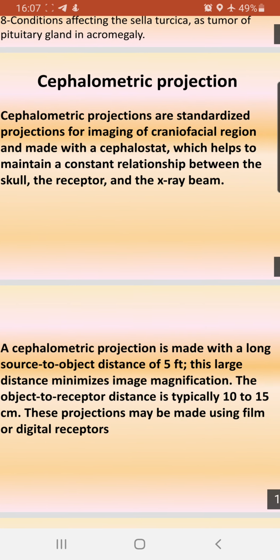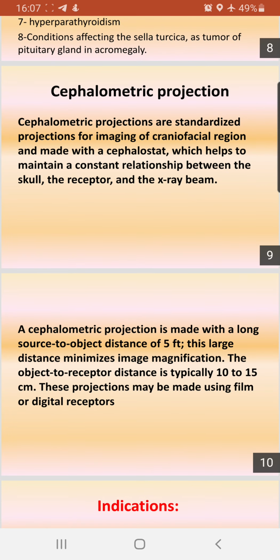Cephalometric projection is made with a long source to object distance, about 5 feet. This large distance minimizes image magnification. The object to receptor distance is typically 10 to 15 centimeters. These projections may be made using film or digital receptor.